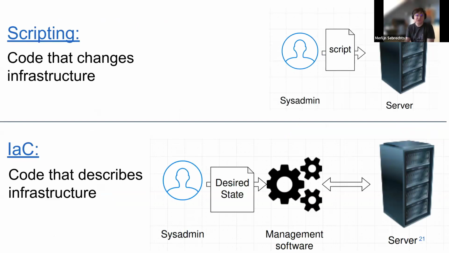While with infrastructure as code, what you as a system administrator create is simply a description of the end state that the server needs to be in. And then the management software itself looks at the desired state, looks at the current state, and then takes the necessary actions to get from the current state to the desired state. That's the difference between scripting and infrastructure as code.